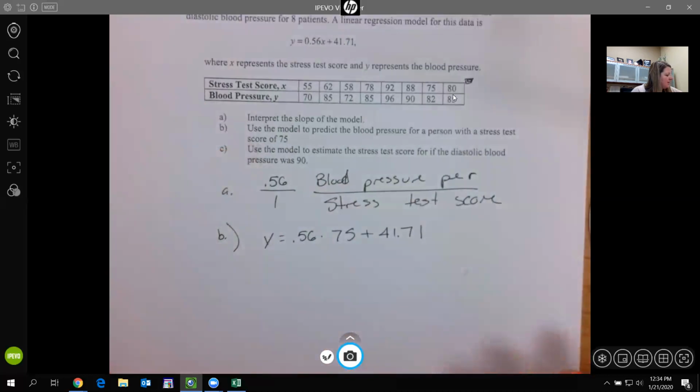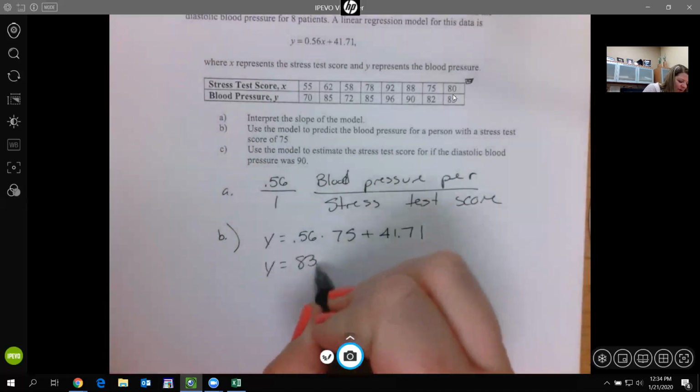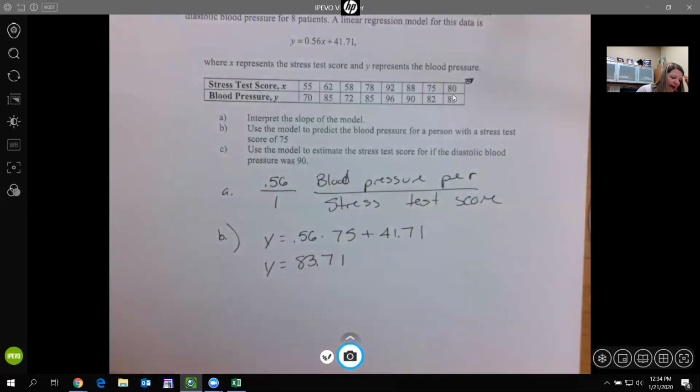And again, we'll just calculate that out. So we have our 0.56. We're going to times that by 75 plus 41.71. And I got that Y equals 83.71. So that means our blood pressure is around 83 when our stress test was 75. Okay.